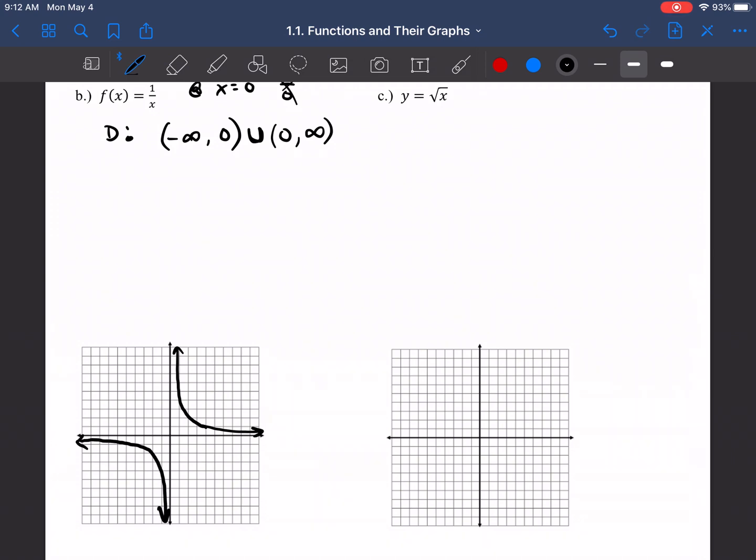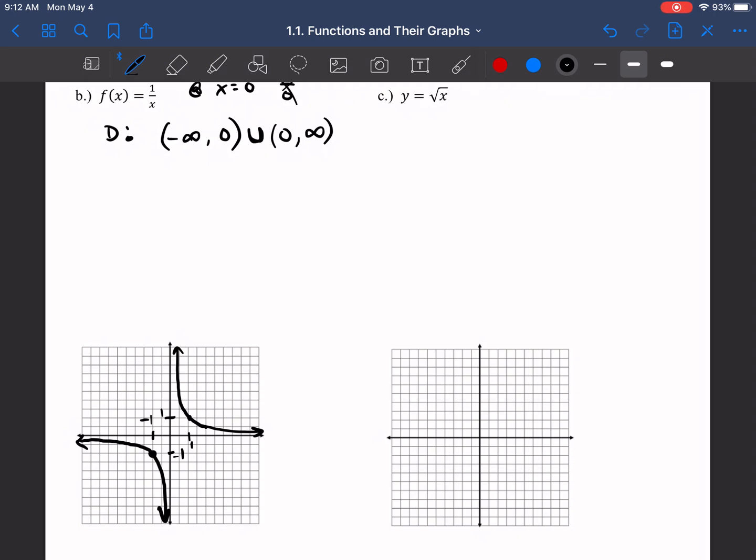I actually should have gone through the point (1, 1), so let's call this (1, 1), (-1, -1). I kind of messed it up a little bit, but it should look something like that. These are hyperbolas. It's a hyperbolic graph, and there you go. That's one that you should also become familiar with.